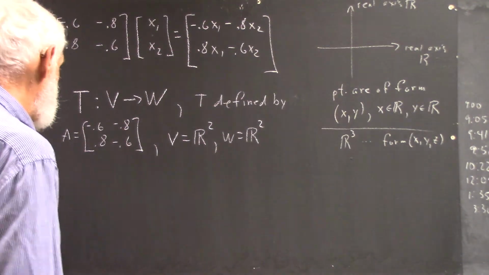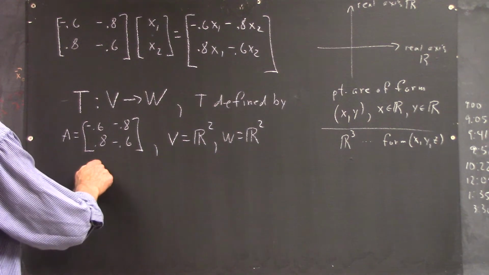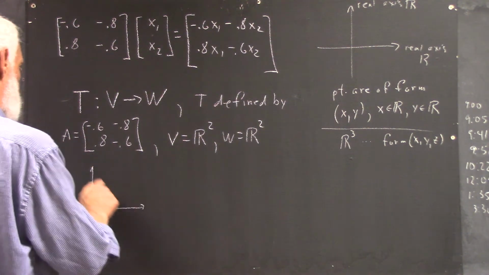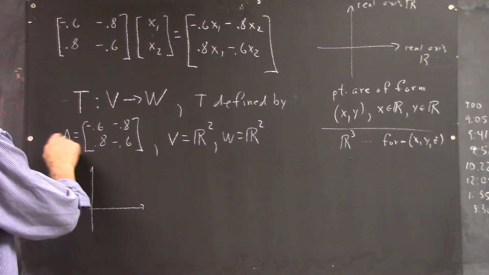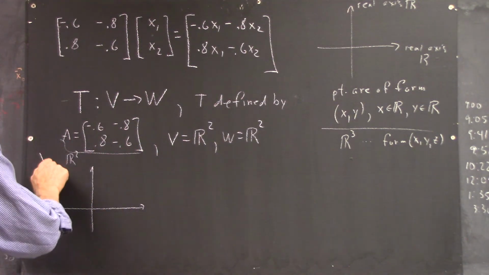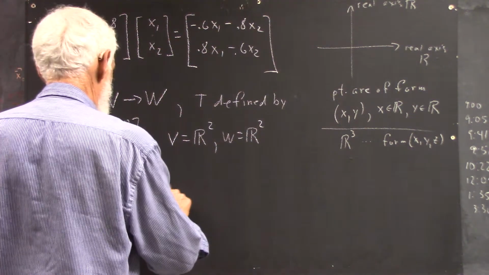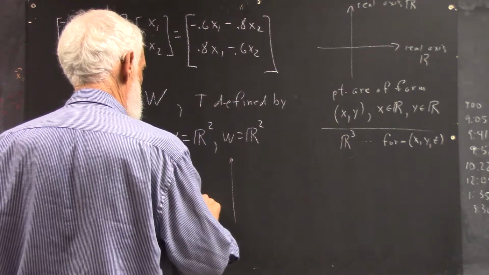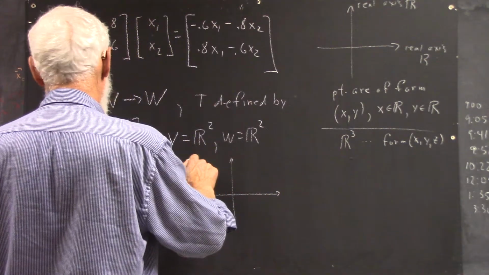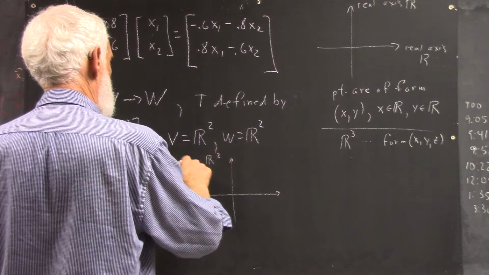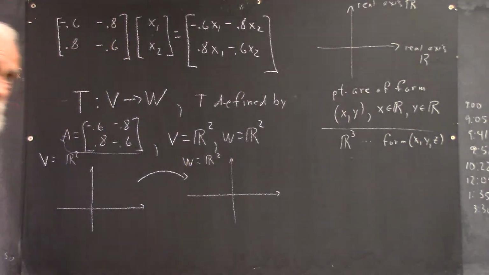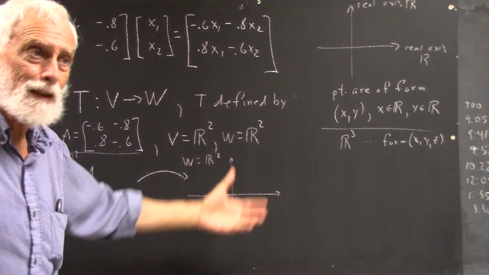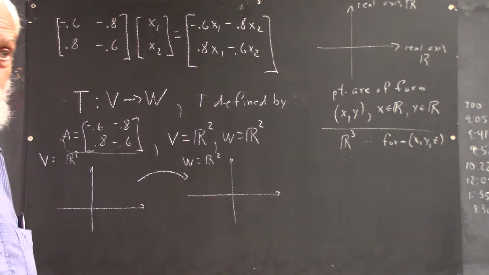So we can say, okay, well, here I've got a space R2. And I'm mapping vectors in this space to another R2, which I'll call W. I've got a couple of R2s. I got to call them something different, so I'm going to call them V and W. Okay?